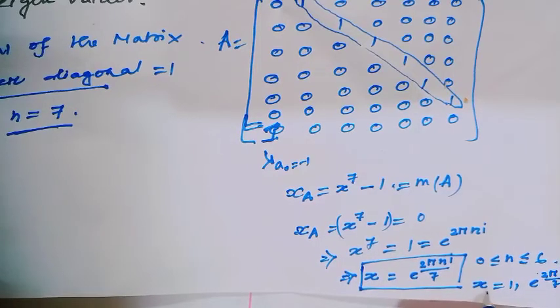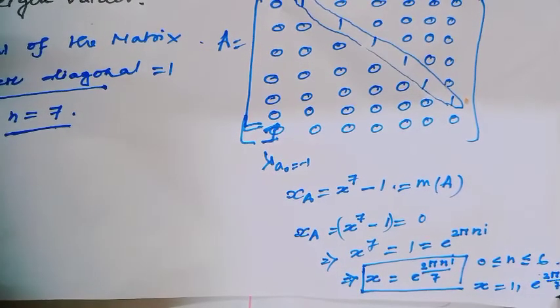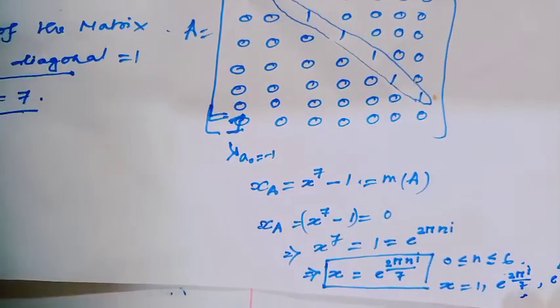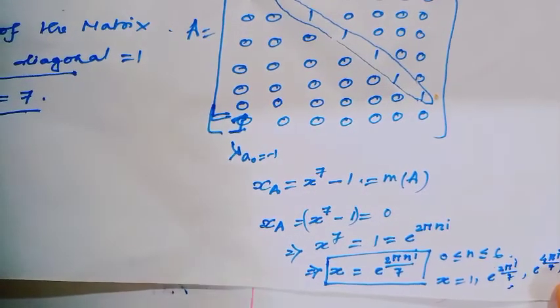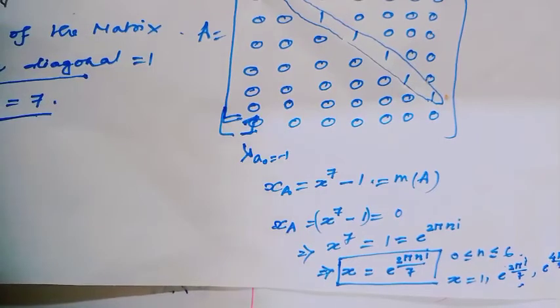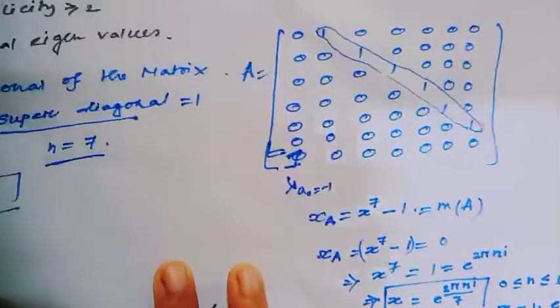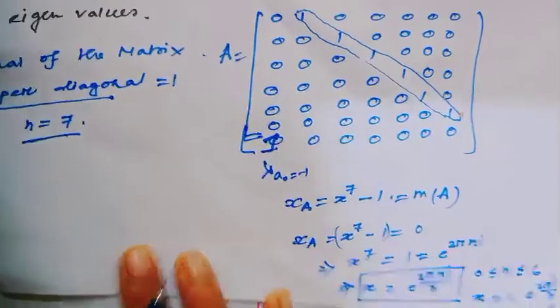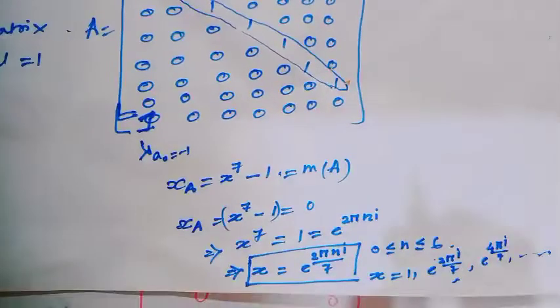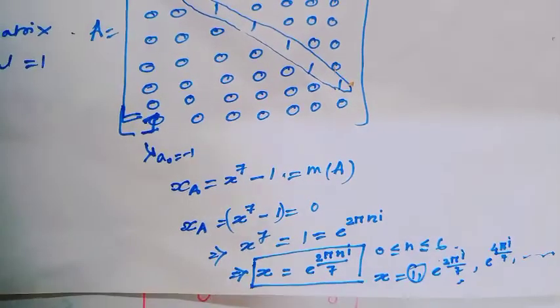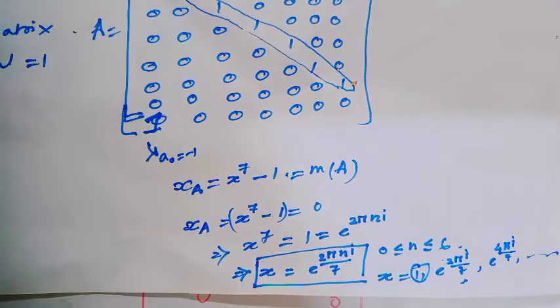That implies the roots are x equal to 1, e to the power 2 pi i over 7, e to the power 4 pi i over 7, and this would continue. So obviously by this idea, only 1 is a real eigenvalue.